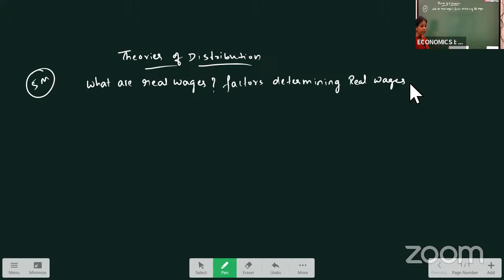First, let us see what we mean by wages. Wages means the reward which is paid for the services of labor.